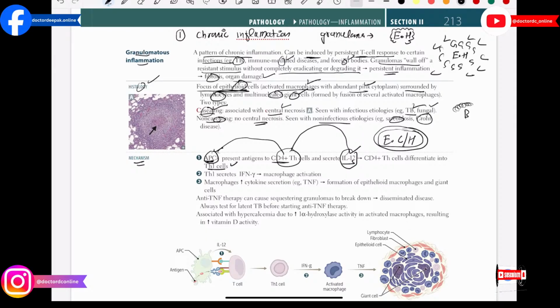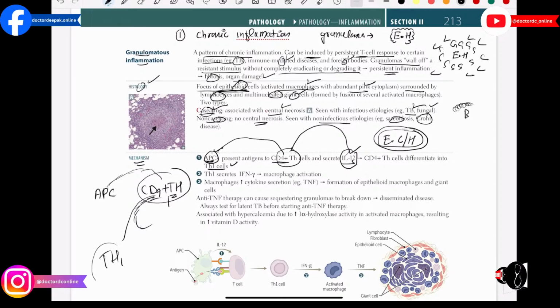So let's take a quick review. First of all, these are the antigen presenting cells. Antigen presenting cells are going to present the antigen to the CD4 plus T helper cell. When the antigen presenting cell presents the antigen to the CD4 plus T helper cell, this CD4 T helper cell is going to produce interleukin 12, and this interleukin 12 will go back and stimulate the CD4 T helper cell to form a T helper 1 cell.